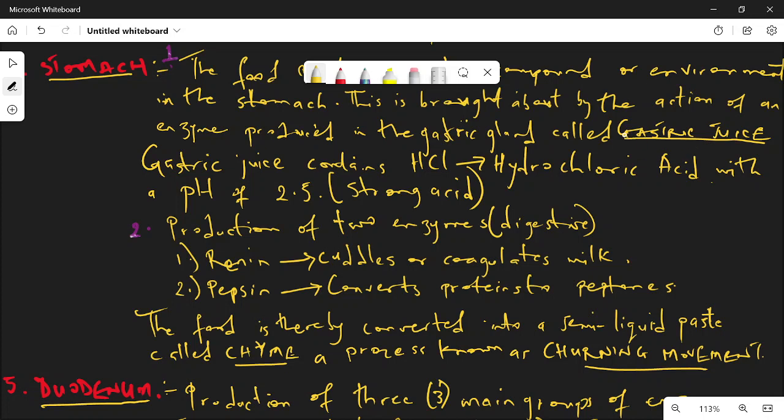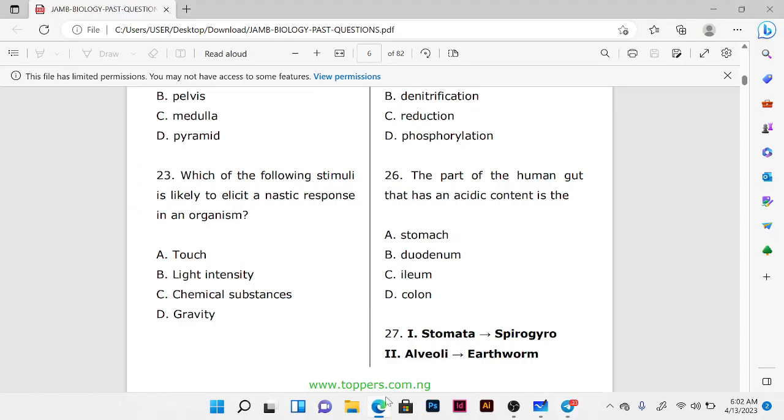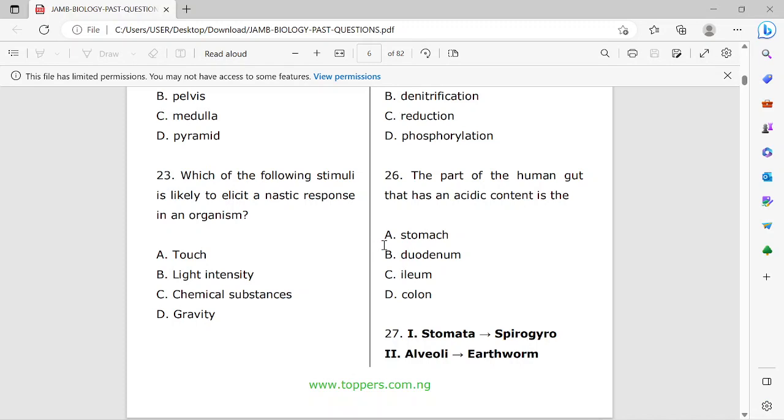So it is in the stomach that we have the acidic medium. So the answer to question 26 is the stomach. That is option A. Is it clear?